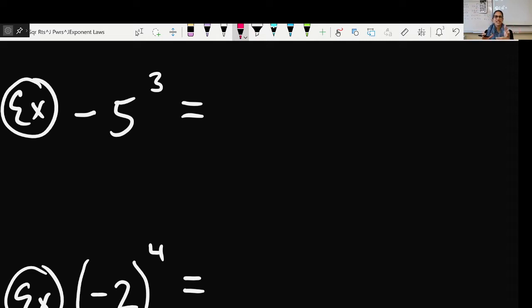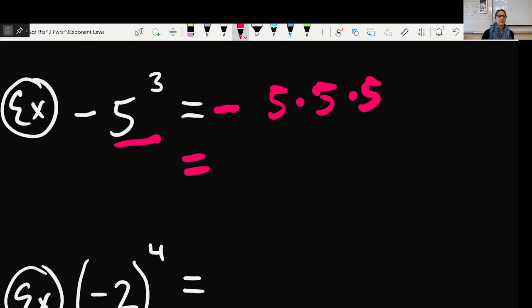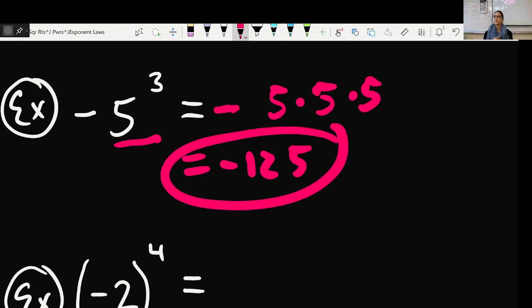If it's not in a set of brackets, we just leave the negative in front. So I'm going to put the negative there because there's a negative in the answer. And then this is the part that's saying 5 times 5 times 5. So then what's the answer? Yeah, negative 125 is what we would get. So if there's a negative in front, we know that the answer is negative. Good?